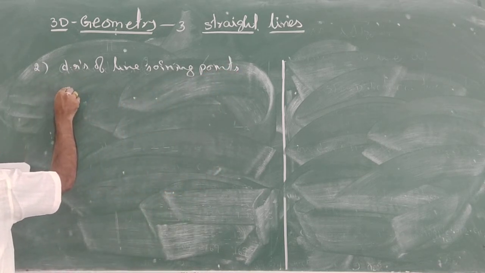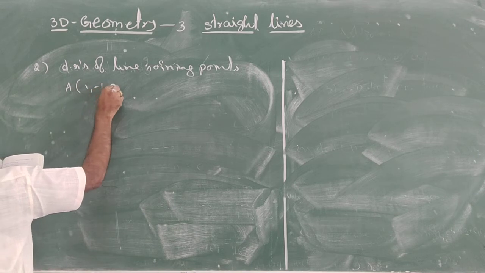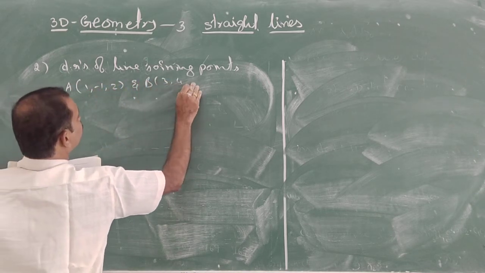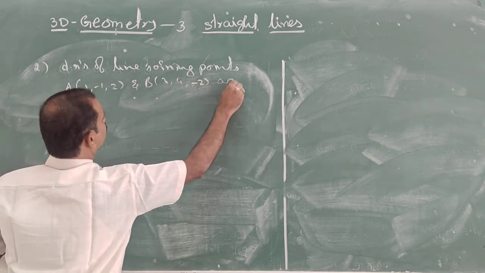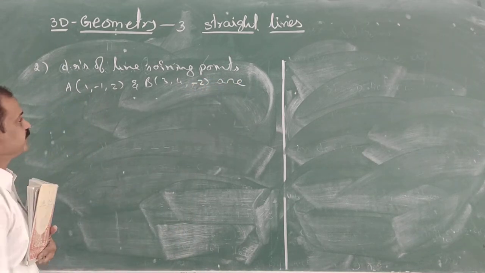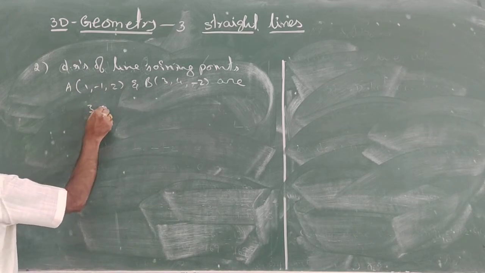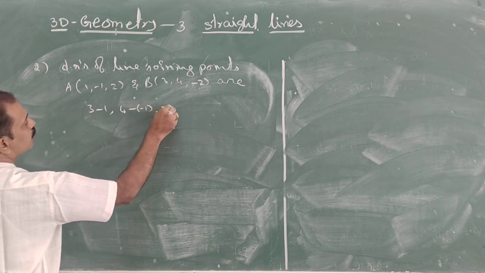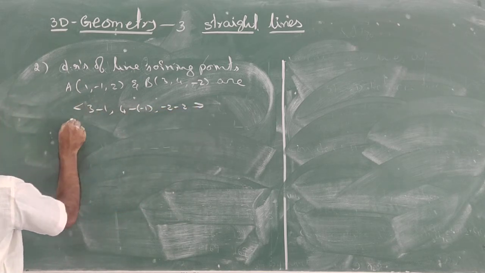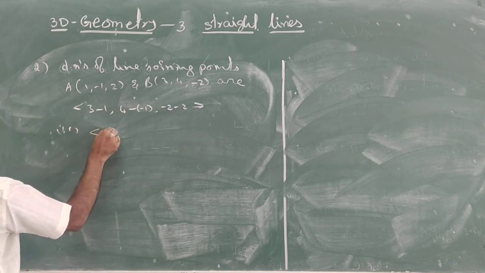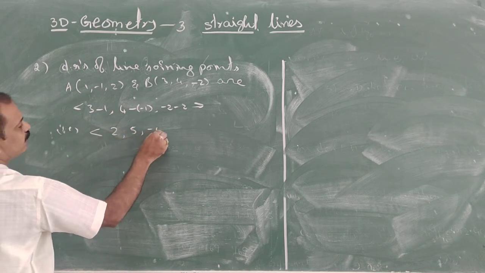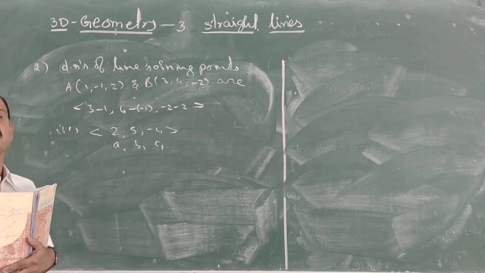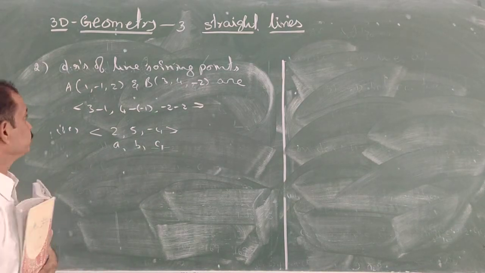You can take A as (1, minus 1, 2) and B as (3, 4, minus 2). How do you find the direction ratios? 3 minus 1, 4 minus of minus 1, minus 2 minus 2. That is 2, 5, minus 4. You can name it as a1, b1, c1 because these are the direction ratios.